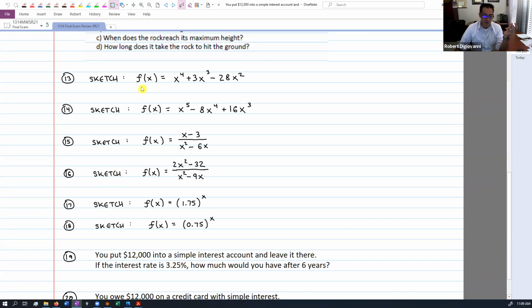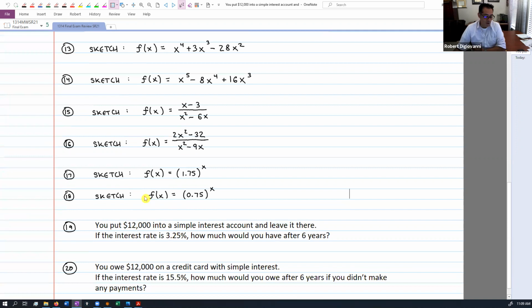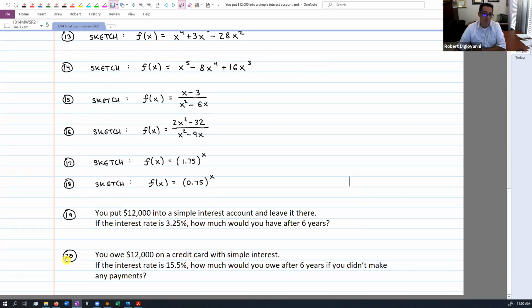On the test, I may only give you 1 polynomial, 1 rational function and 1 exponential. I don't know yet. Expect 2 of each, but I may reduce it a little bit just for time. We'll see. Let's work through the review and see how it goes, but I would not expect more than 20 problems. If anything, it'll be a little less.